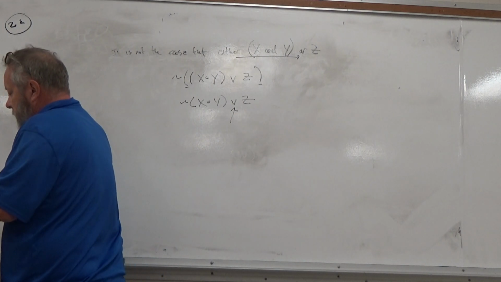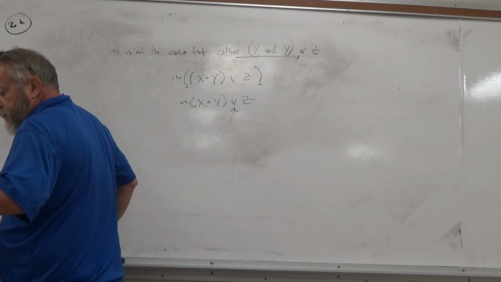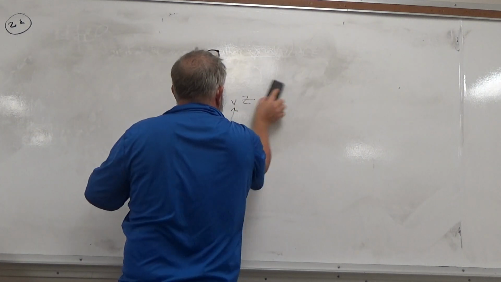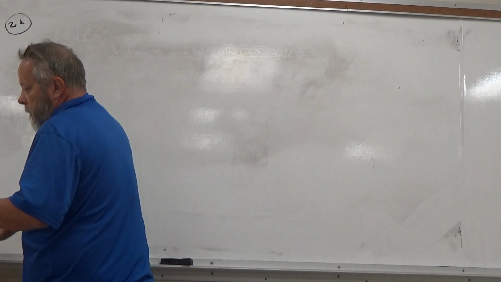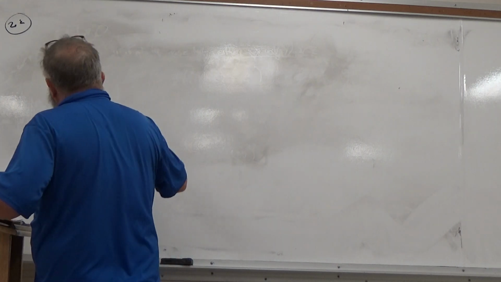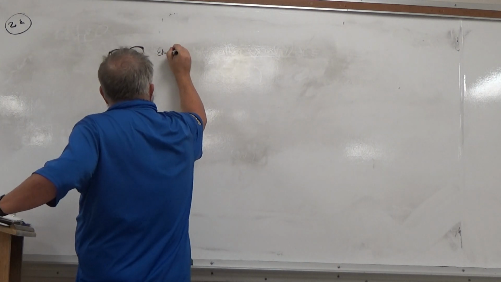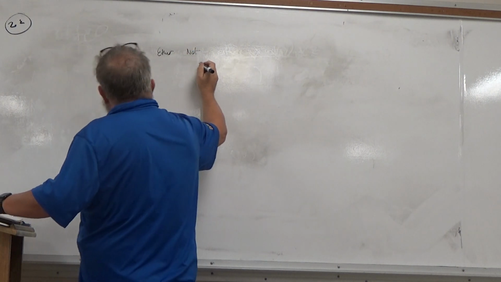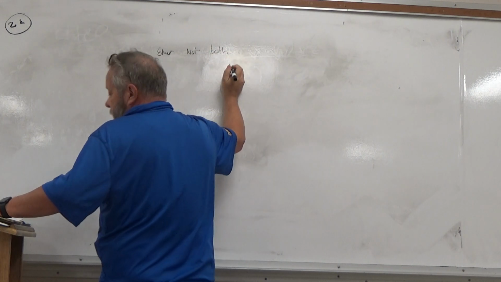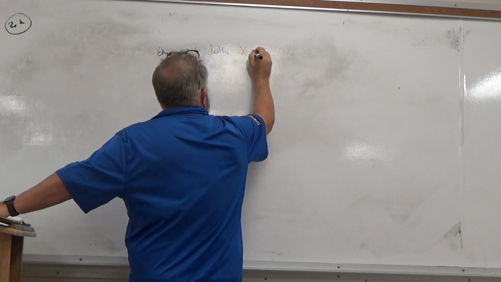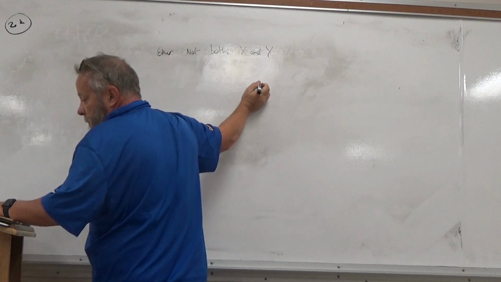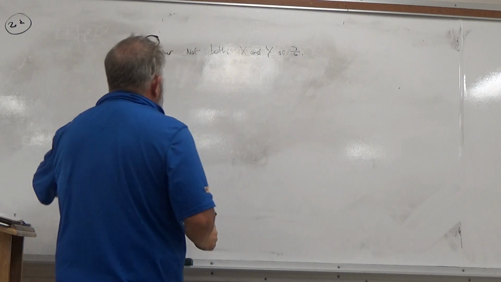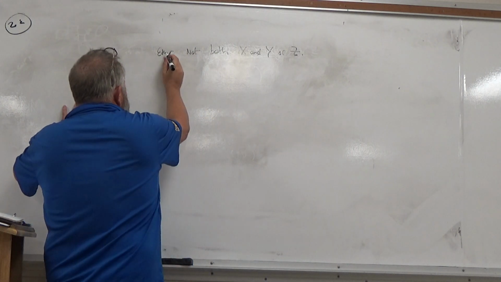So let's see, that takes me to 11. So 11 says either, it is not the case that, so I'll just write not for that. And then it says both X and Y or Z. Okay, so first of all, either.